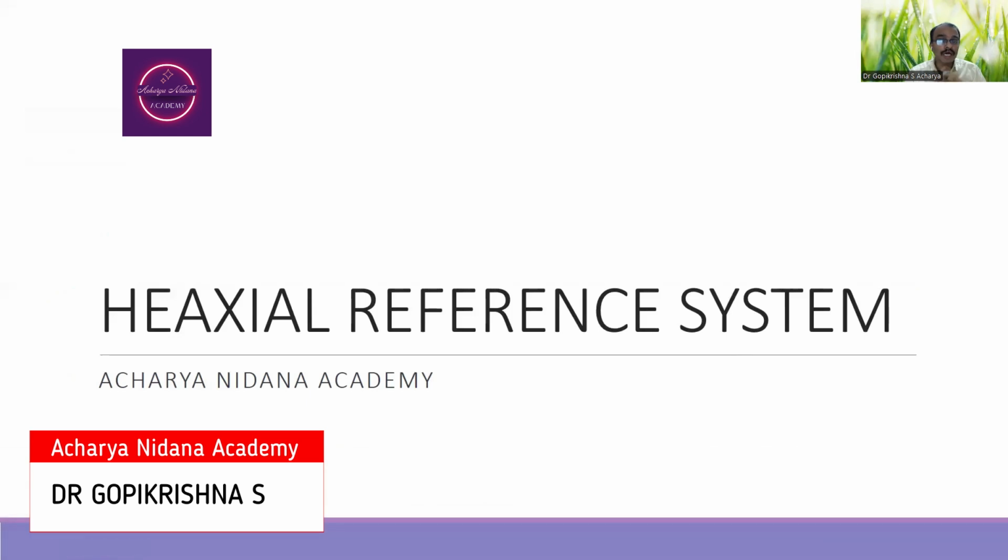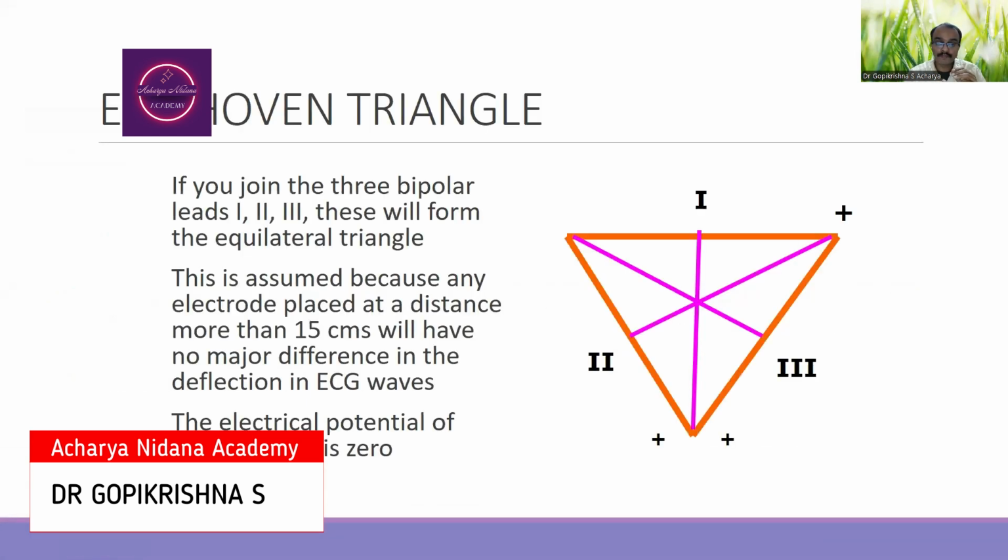The hexaxial reference system is also known as the axis wheel. Einthoven's triangle is derived from the principle that any electrode placed at a distance of more than 15 centimeters will have no major difference in the deflection of ECG waves.